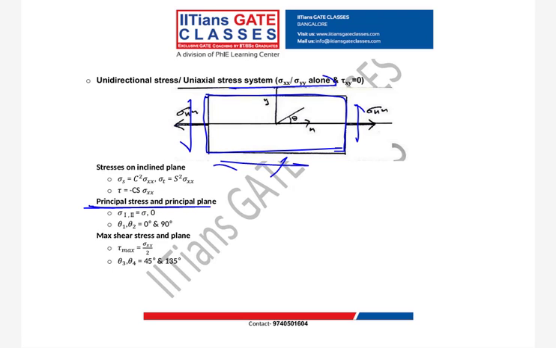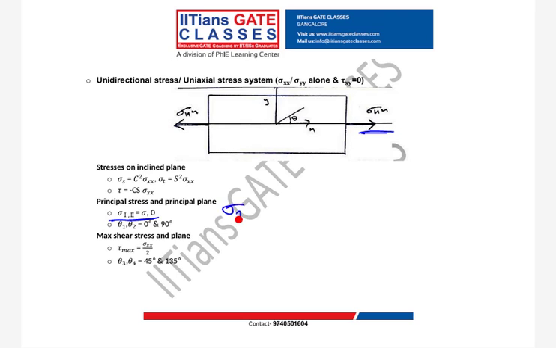Since here shear is 0, here also 0, these planes are my principal planes. So whatever this uniaxial stress is, that is my principal stress. For uniaxial loading, my principal stresses are sigma xx, 0. And my principal planes are 0 and 90 degrees. Clear?